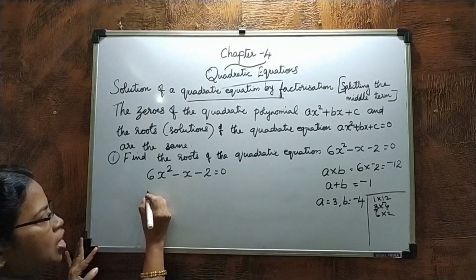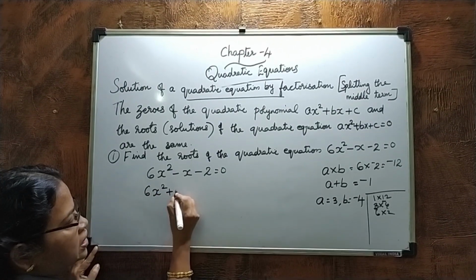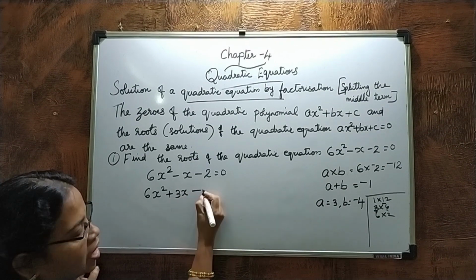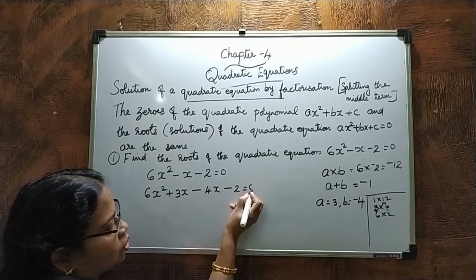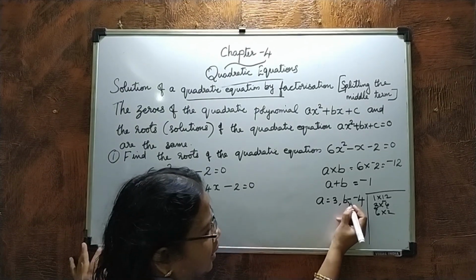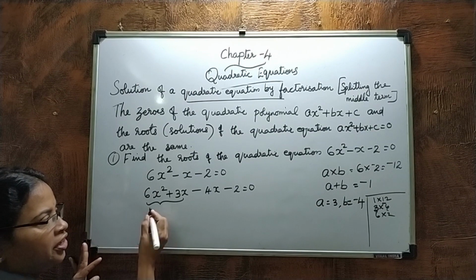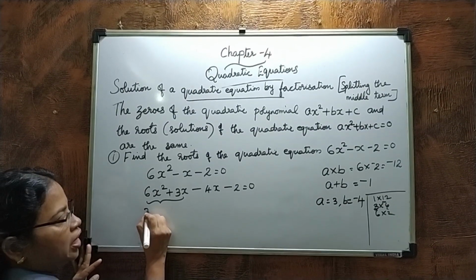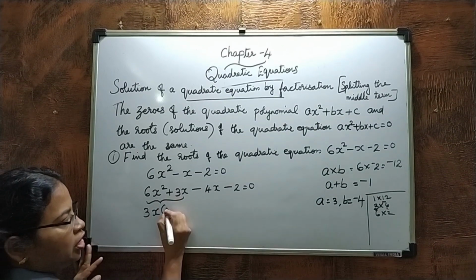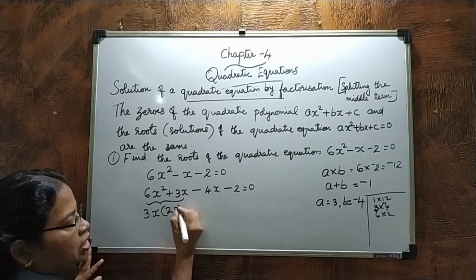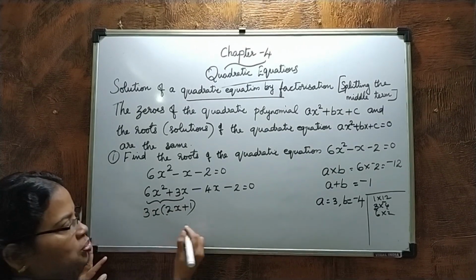So we will substitute now: 6x square plus 3x minus 4x minus 2 equal to 0. Then take the first two terms together. Is anything common? 3 is common and x is also common. So 3x outside, it will be 2x plus 1. Taking 3x outside gives 2x plus 1.